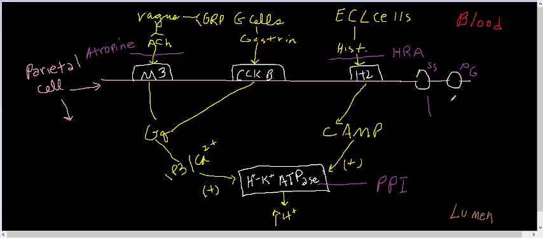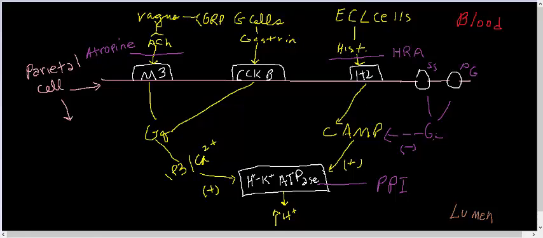Probably a topic for another day, but needless to say, these two agents act via what we would call a G sub I protein that has an inhibitory effect on intracellular cyclic AMP and hence significantly reduce or block acid production.